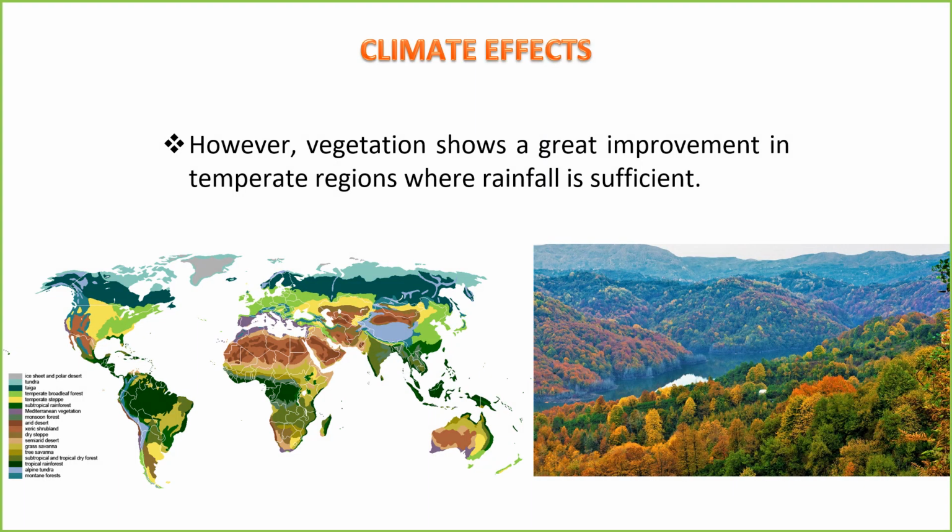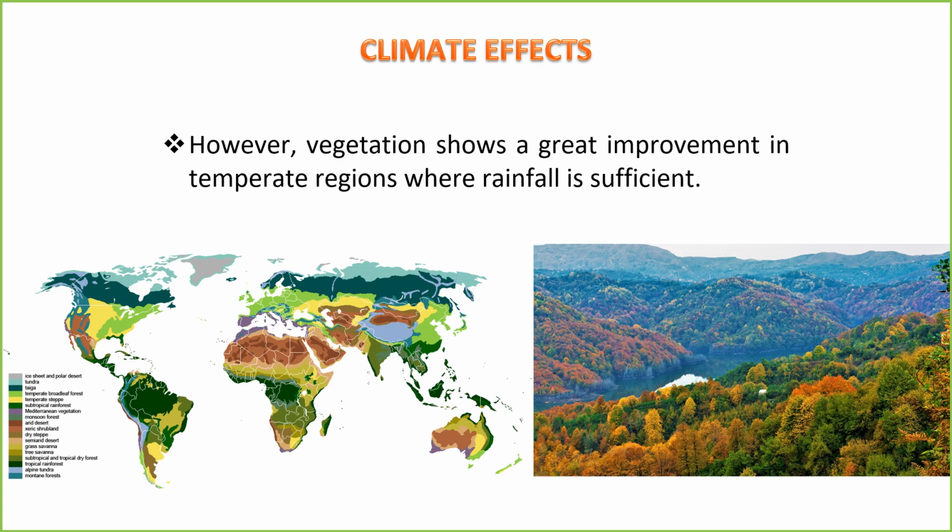Certainly, the availability of sufficient rainfall is a crucial factor influencing vegetation in temperate regions. Here are some key points related to the impact of rainfall on vegetation in such areas. 1. Plant growth and productivity. Adequate rainfall supports plant growth by providing the necessary water for photosynthesis, nutrient uptake, and other physiological processes.